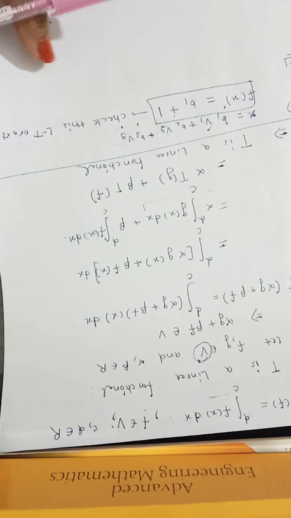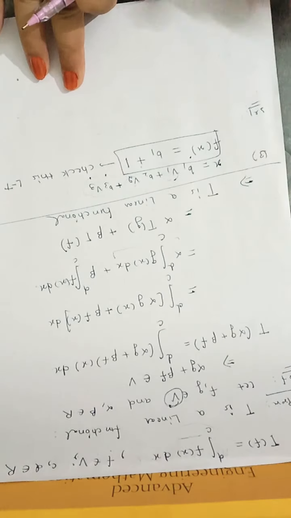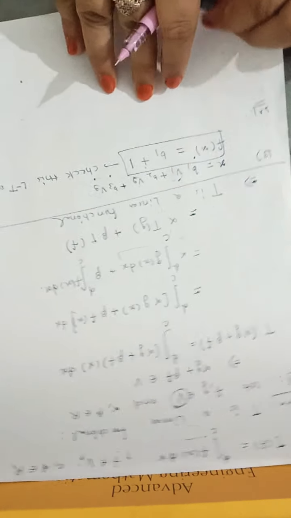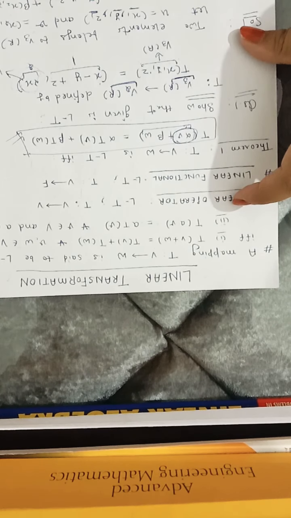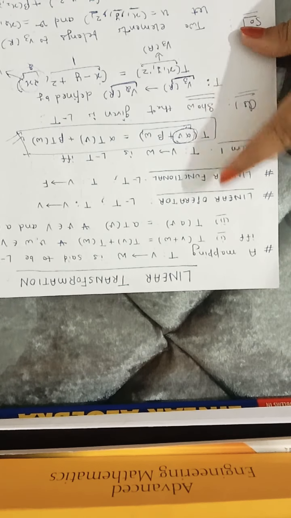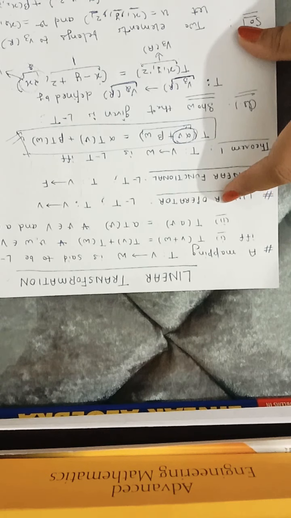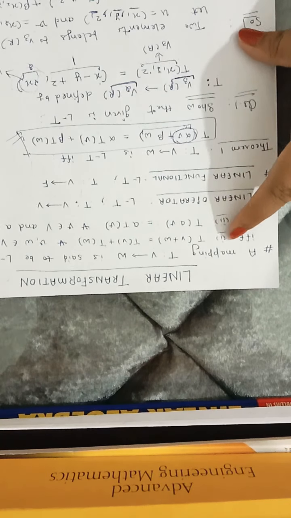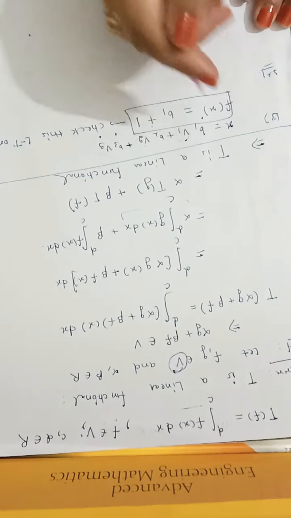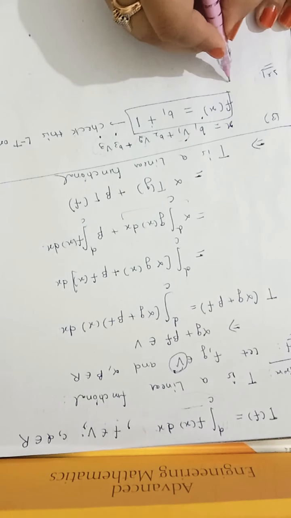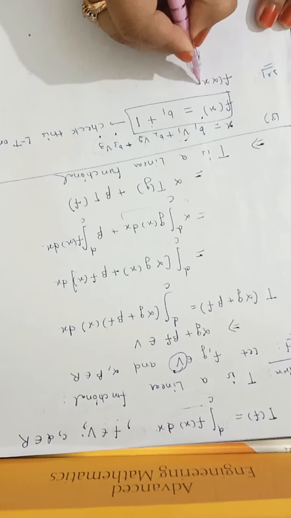Now, first of all, we have to check these two properties. To show it is a linear transformation, we have to satisfy both. If one of them is not satisfied or is violated, then this mapping is not a linear transformation. Now, I am taking the homogeneous property. I am taking f of alpha x.